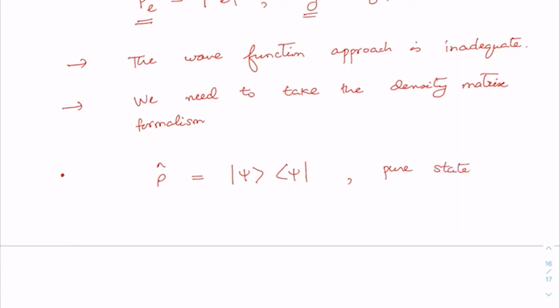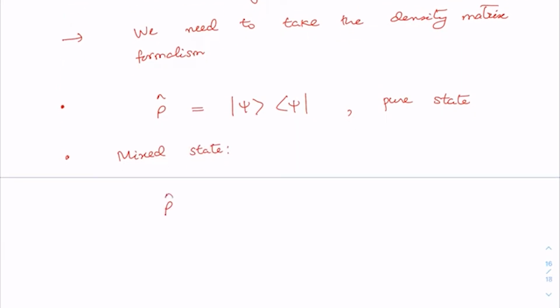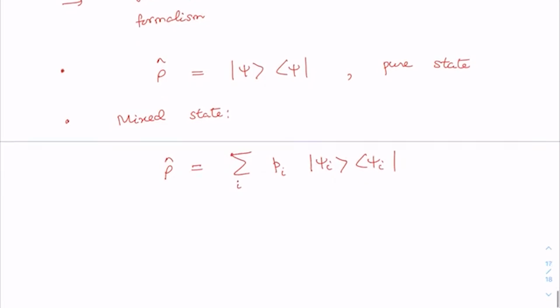On the other hand, for a mixed state, the density operator or the density matrix is defined as this, where Pi is the classical probability, and psi i. If you have forgotten, you can go through that particular lecture again and revise it.